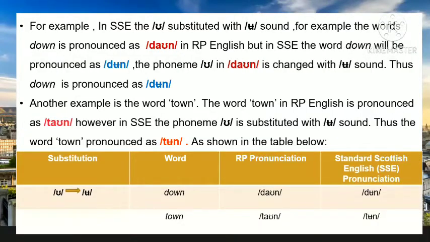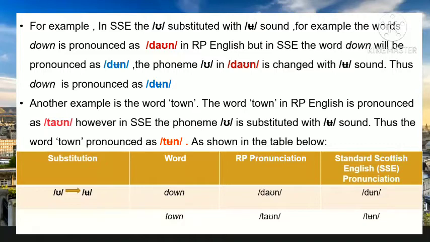For the example, I'm going to use the words down and town to show you clearly how the phoneme in down and town will be substituted with a barred U sound.